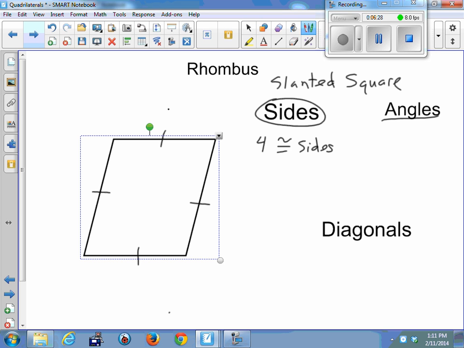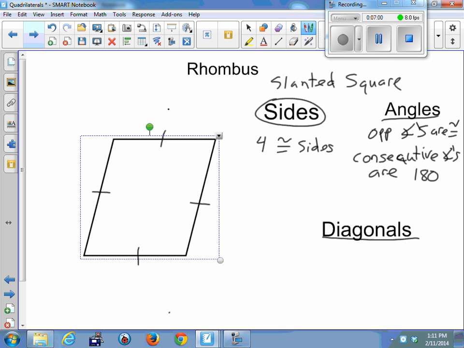And then we go to the angles. The angles are just like a parallelogram. So the opposite angles are congruent. Consecutive angles are 180 degrees, or supplementary. So that one is the same as a parallelogram.